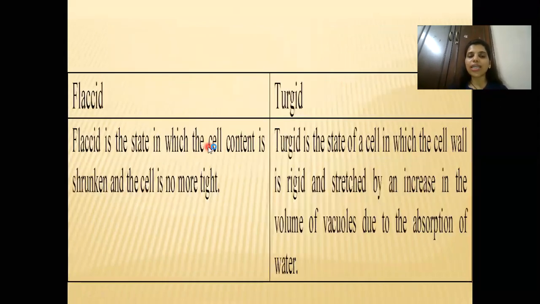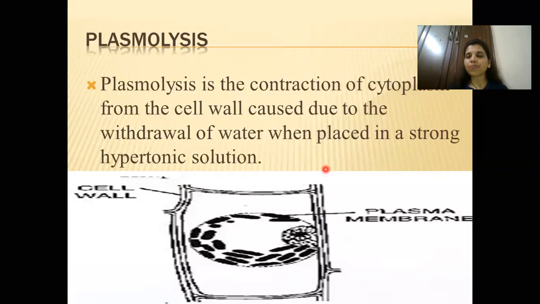When the word state is used, what is the state of the cell? When the cell is in the shrunken state, you have to say flaccid. State means flaccid. Here also, if the word state is used when the cell wall is rigid and stretched, then you will use the word turgid. Children, I hope till here it's clear.